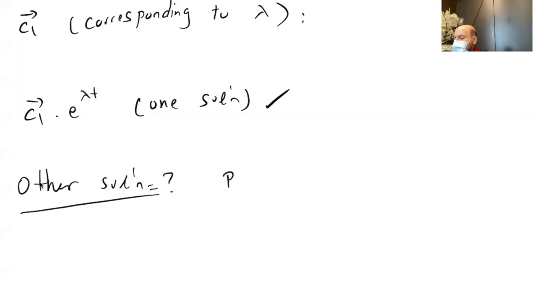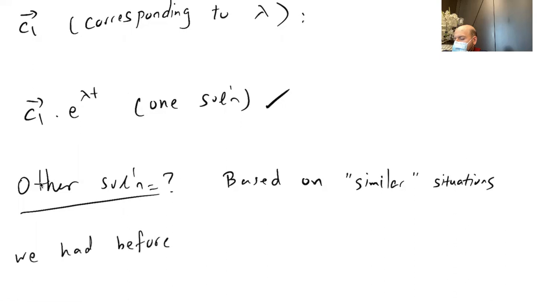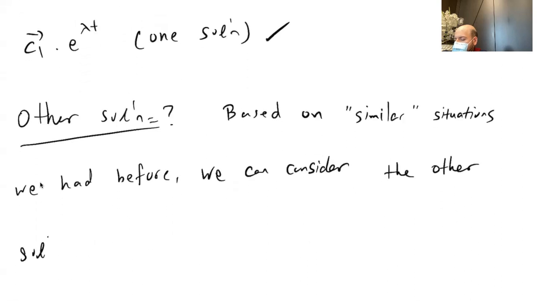Based on similar situations we had before, we can consider the other solution as C1 times t times e to the power lambda t.